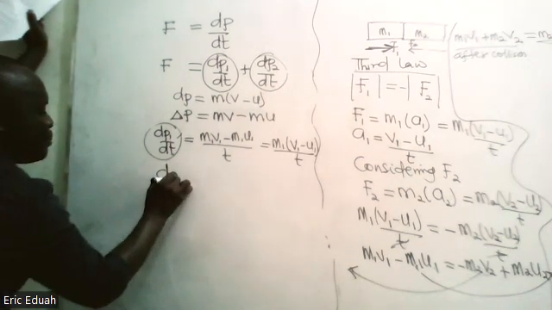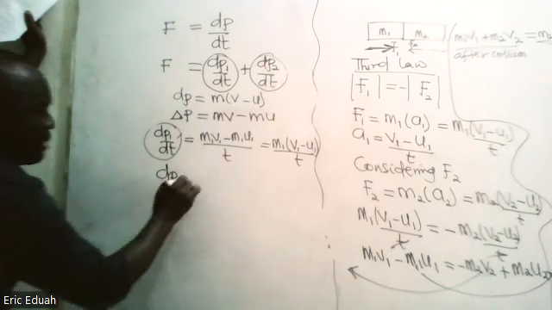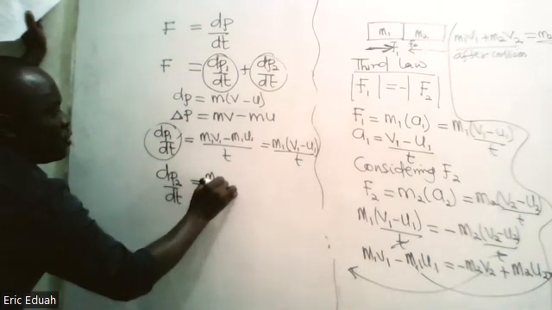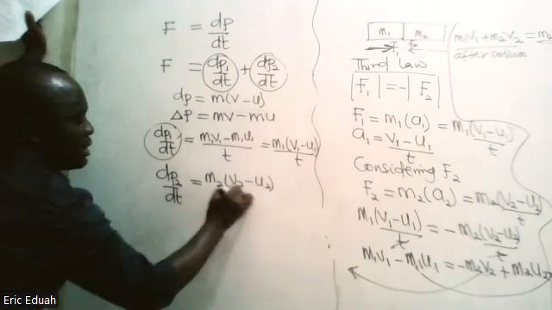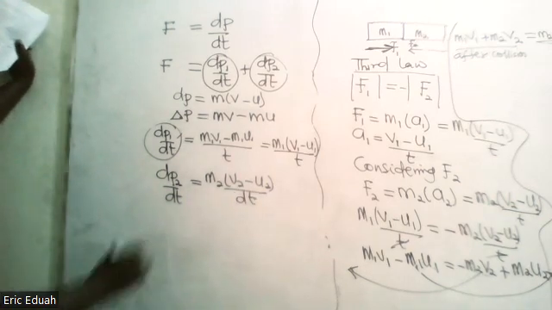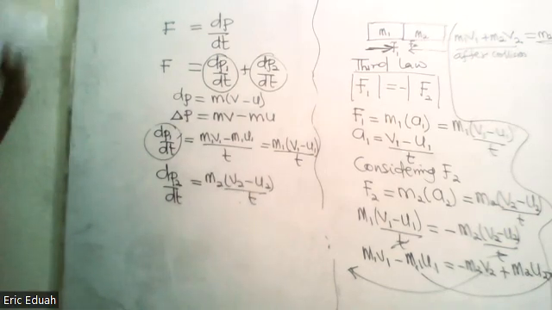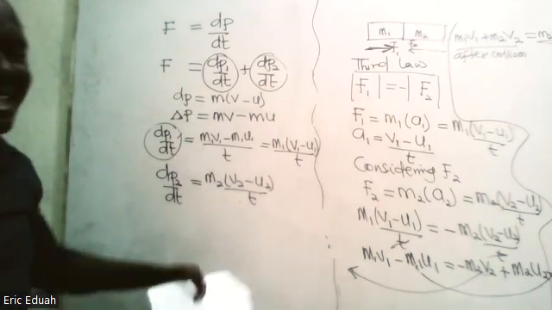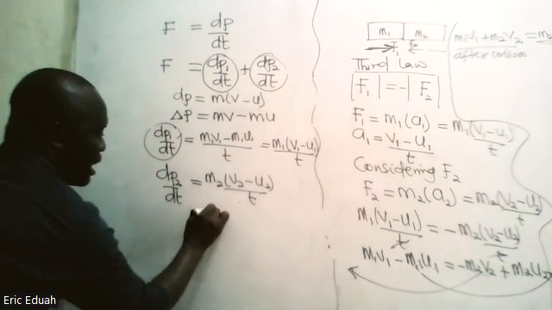So the P2 on the T, change in momentum of 2 with time, will also be M2 V2 minus U2 divided by T. And T is maintained in each situation because, as I explained earlier, it takes equal time for their interaction or collision.